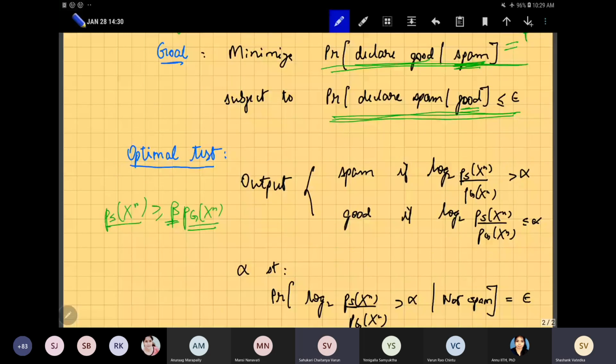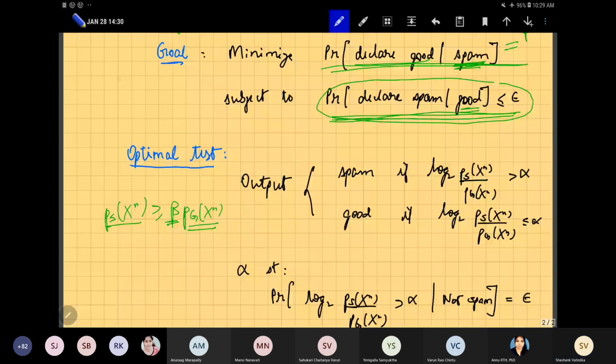Okay. Yes, sir. The reason why that happens is that there is an inverse relationship between the first error and the second error, right? That's intuitive.